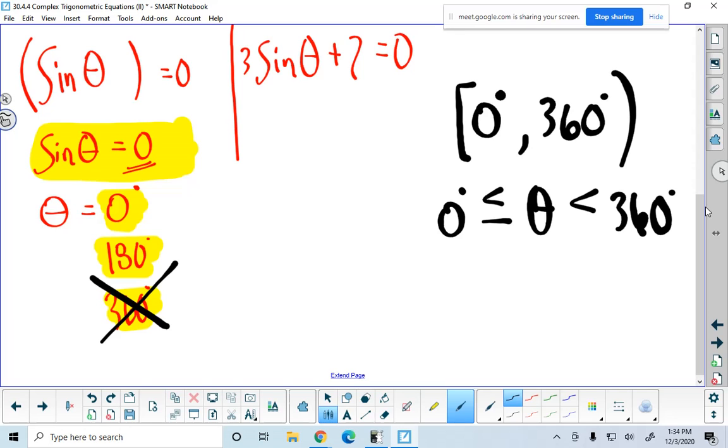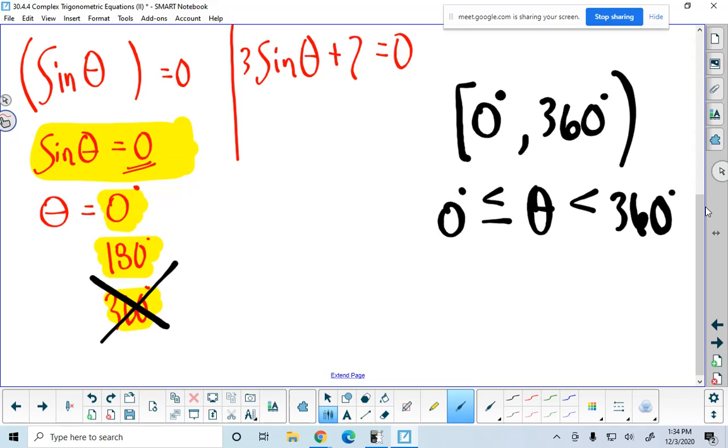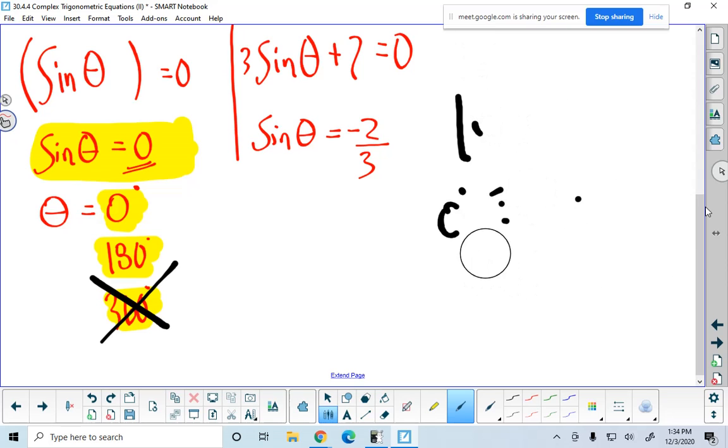With the second equation, we can't use the unit circle. I mean, you have to be adaptable here. You can use the unit circle sometimes, but not all the time. This equation becomes sine of theta equals negative 2/3. So we are stuck with using our calculator and the concept of a reference angle.